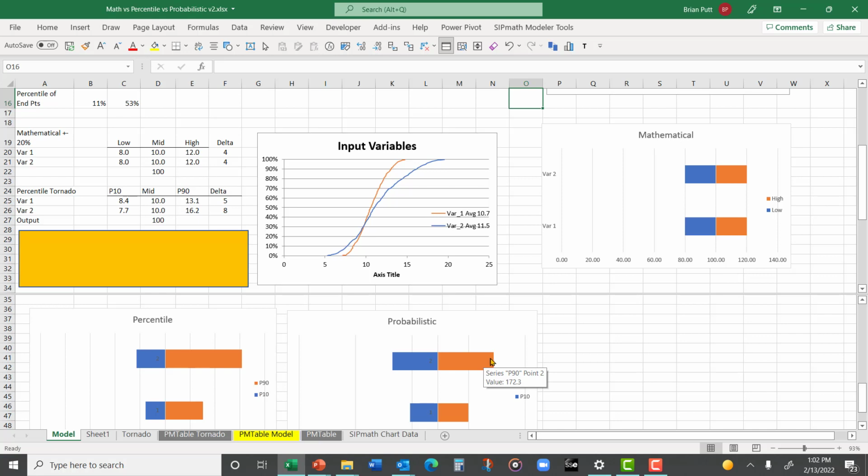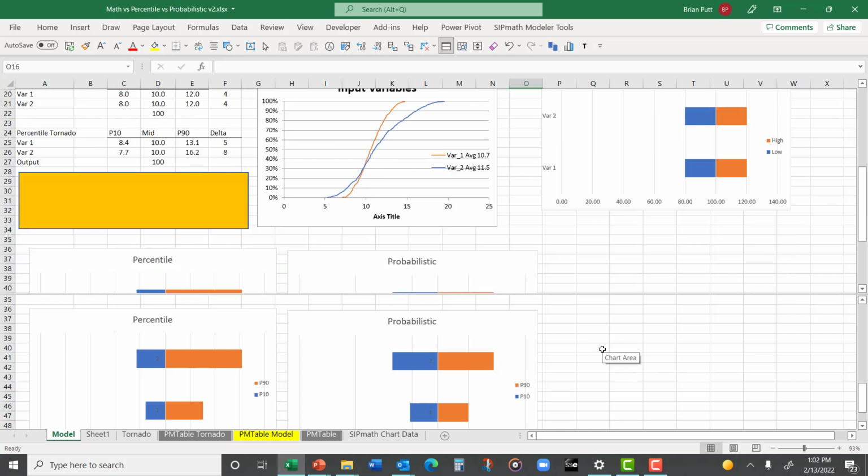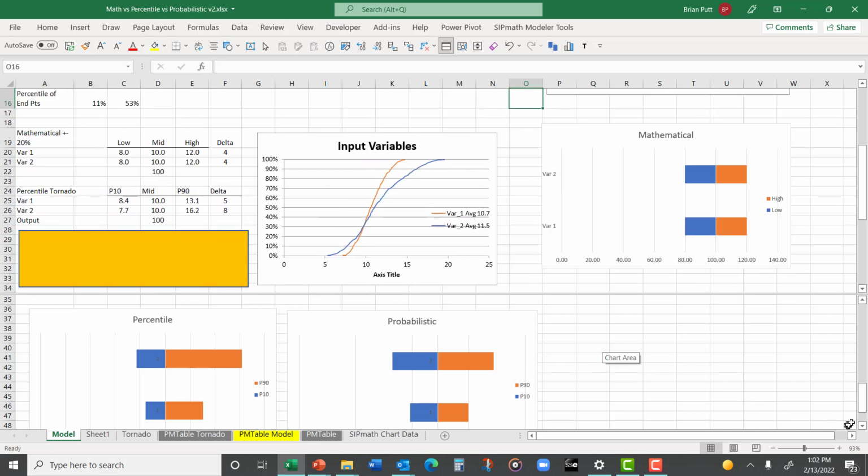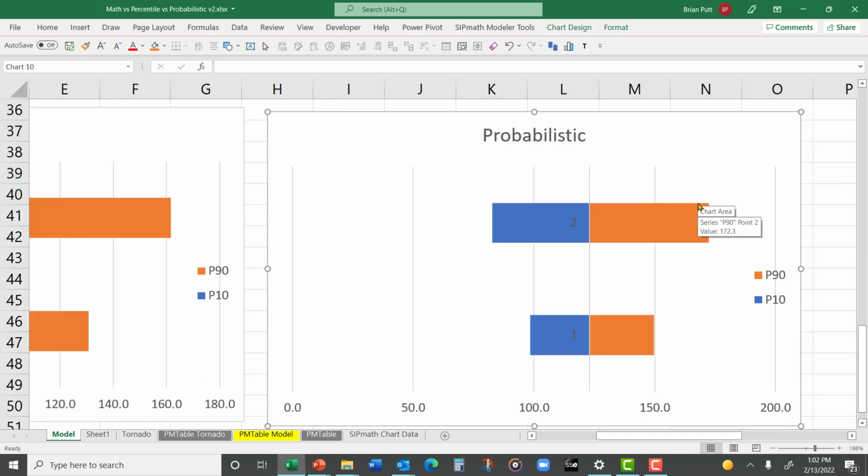So this gives a very different answer. And so what this chart is showing down here is how the expected value, which is about 125, I think it's 123, changes if we could control only one of the variables and let all the other variables in the model stay uncertain.